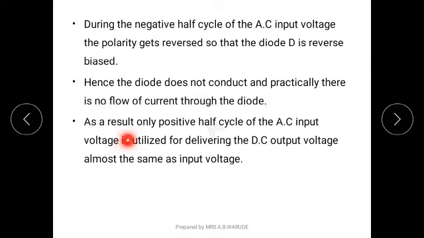As a result, we get only the positive half cycle of the AC input voltage, and it uses only the positive half cycle of the input voltage for delivering the DC output voltage, which is almost the same as the input voltage.